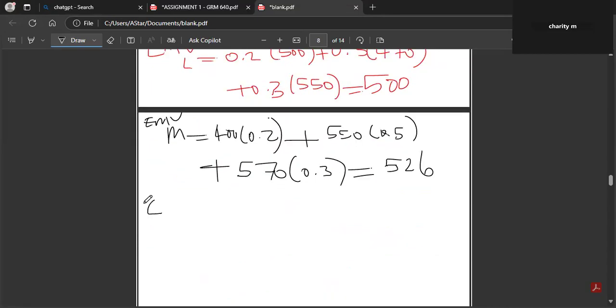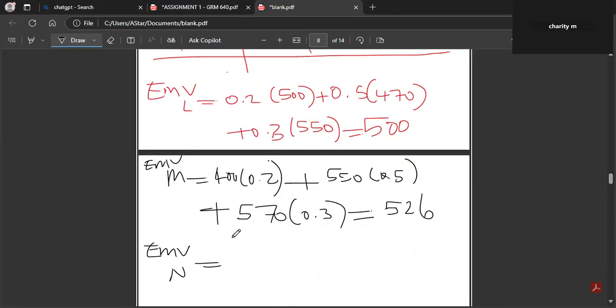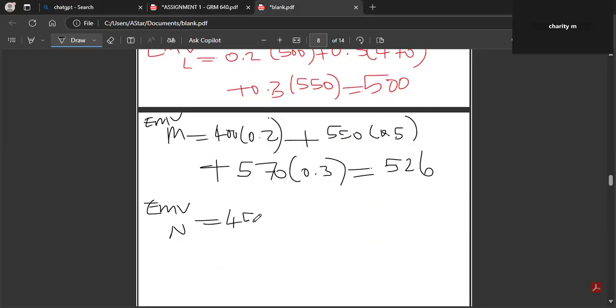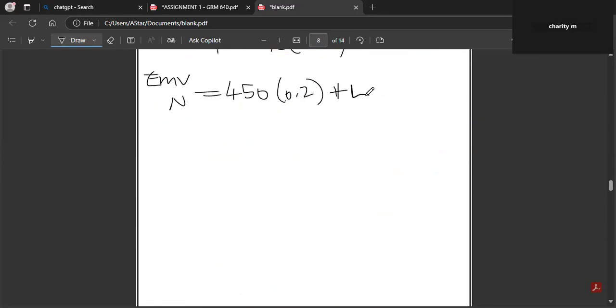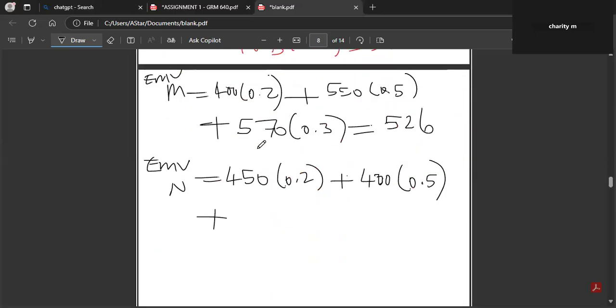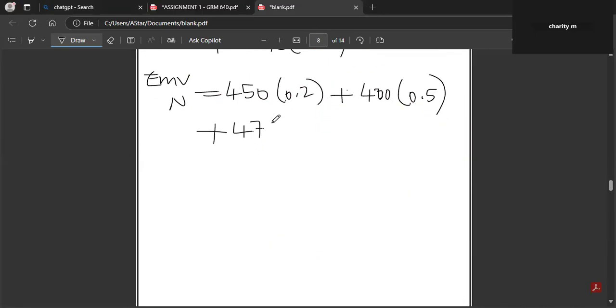Project N, EMV for N, we'll be wrapping up. So N is 450 by 0.2, plus 400 by 0.5, then plus the other one, 475 by 0.3.